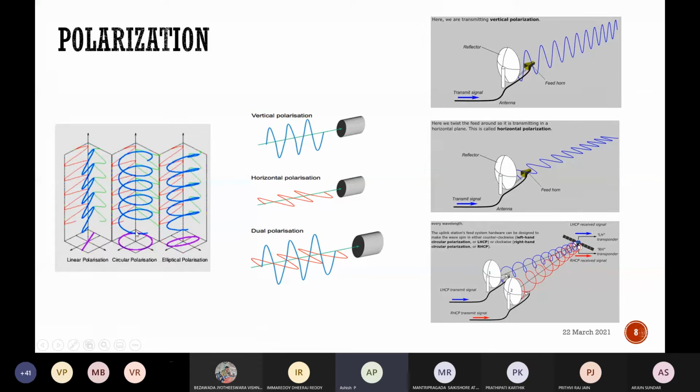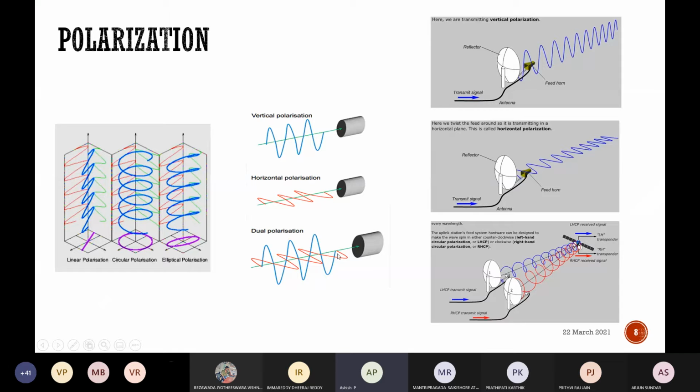If you project the spiral onto the floor and the locus is a circle, then it is circular polarization. This is elliptical polarization. Based on the situation, they use different types of polarization, but generally linear polarization is famous.